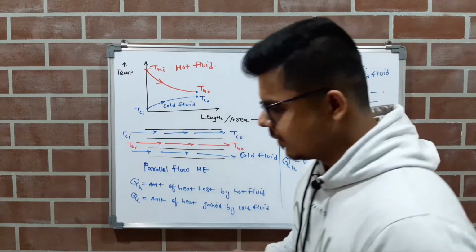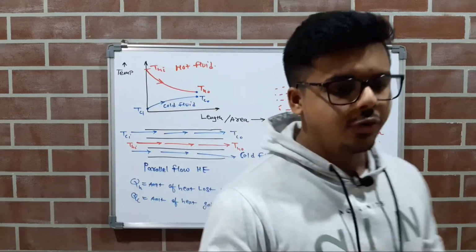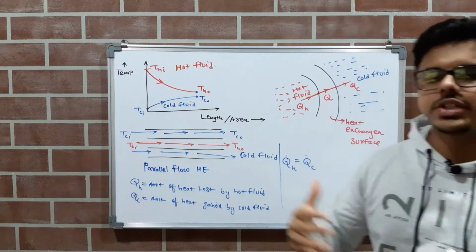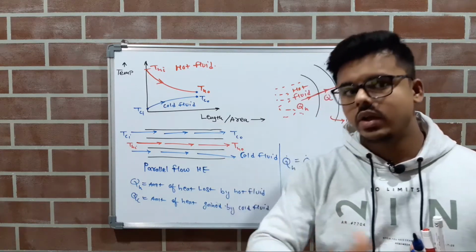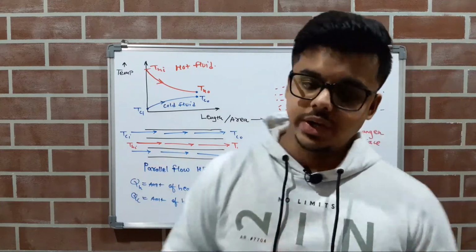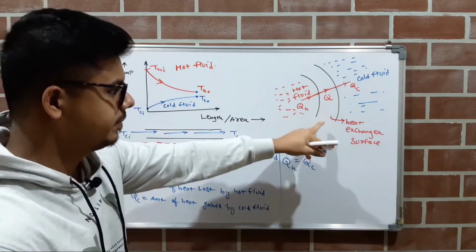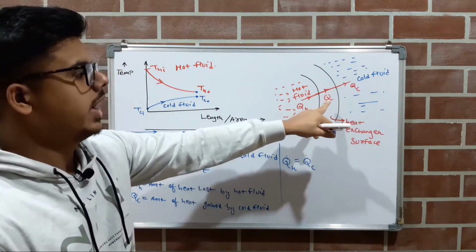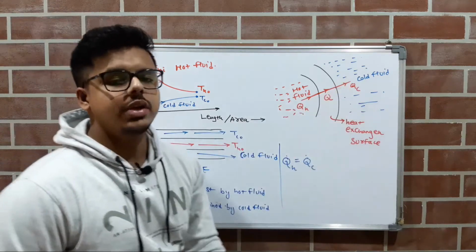Now, whenever we have heat exchange in the heat exchanger, before reaching the cold fluid the heat has to travel through a surface, the heat exchanger surface. We are talking about recuperators, so in recuperators we have a pipe wall, and through this pipe wall the heat has to travel in order to reach the cold fluid.